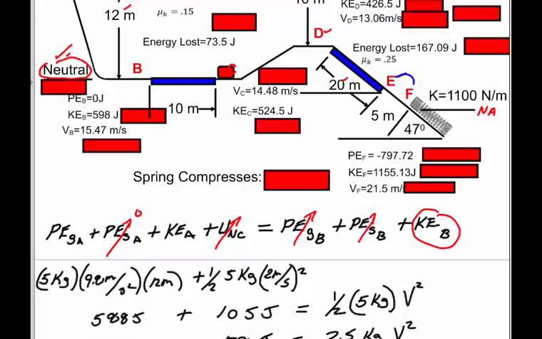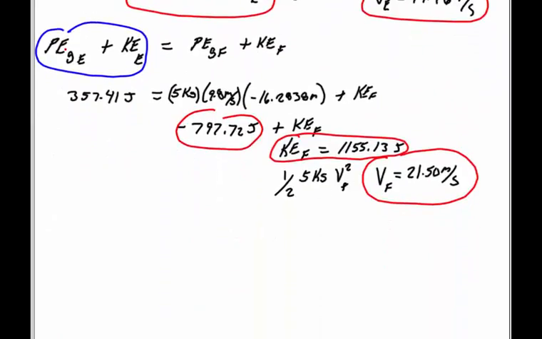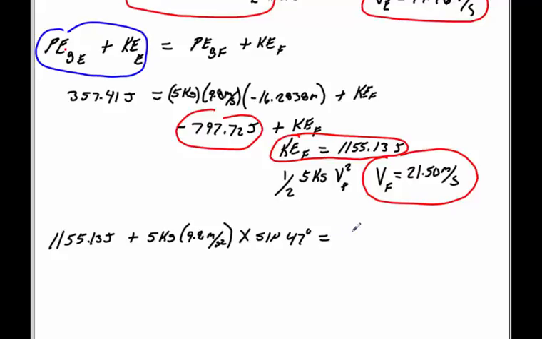So I'm going to go back and write the equation, and I'm going to have just kinetic energy at F, 1155.13 joules, plus the mass, 5 kilograms, times 9.8 meters per second squared, times x, times the sine of 47 degrees, must equal 1/2 times 1100 times x squared.